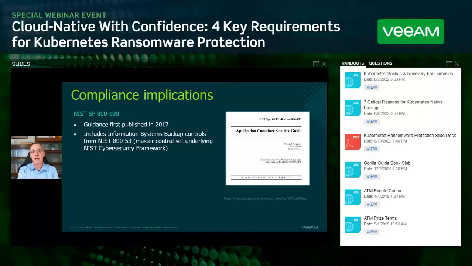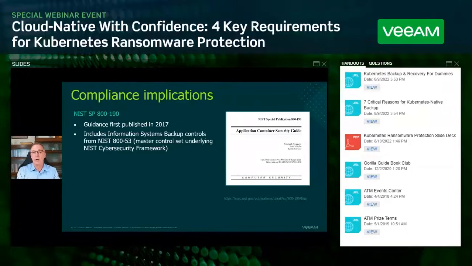NIST 800-53 special publication is the master control set that underlies a lot of different security frameworks that are out there. You see it referred to all the time. In particular, it is the granular controls that underlay the NIST cybersecurity framework.